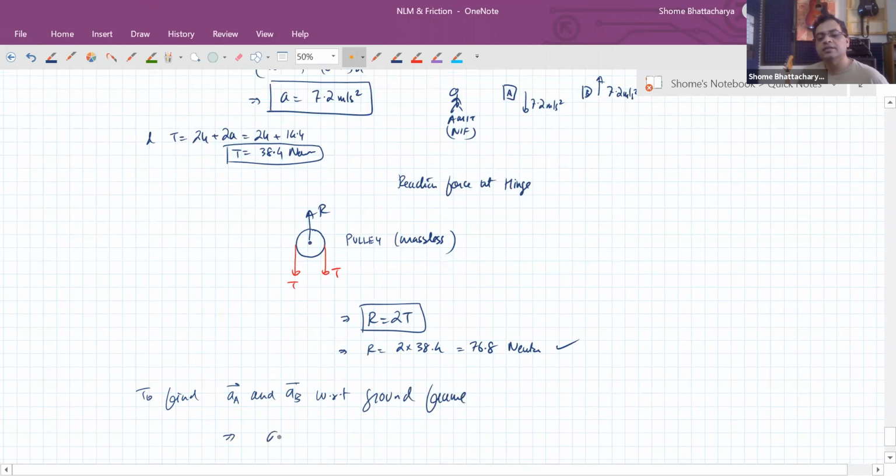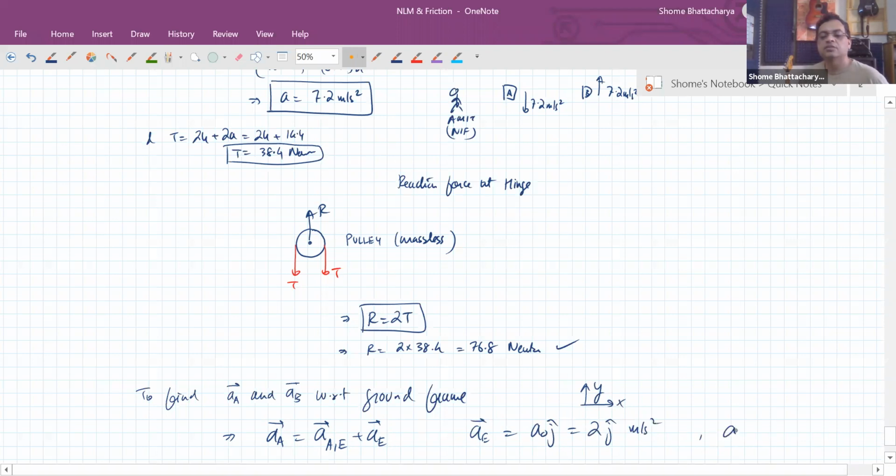We'll just use the fact that acceleration of A is equal to the acceleration of A with respect to the elevator plus acceleration of the elevator. So acceleration of the elevator, if we take this as our y-axis, is A naught j cap, that is 2 j cap in meters per second square.